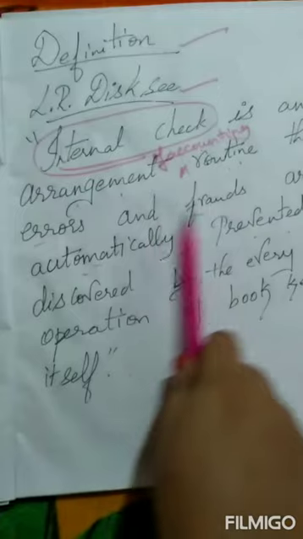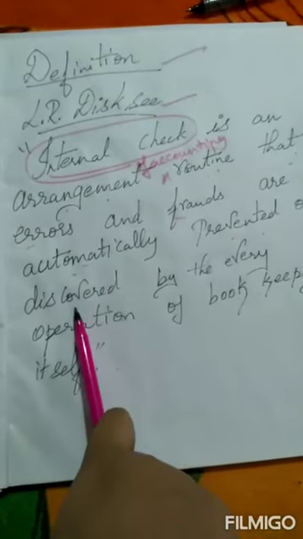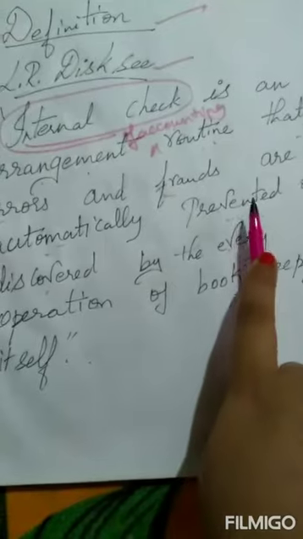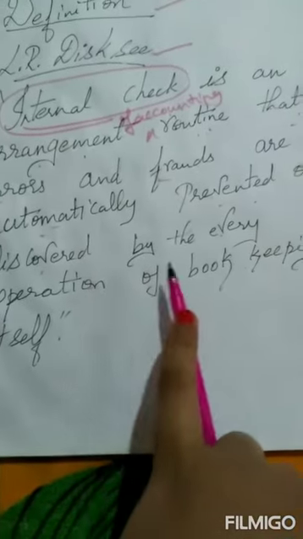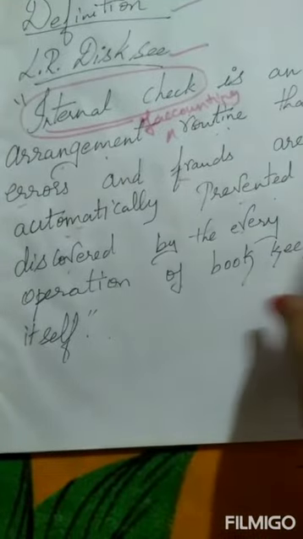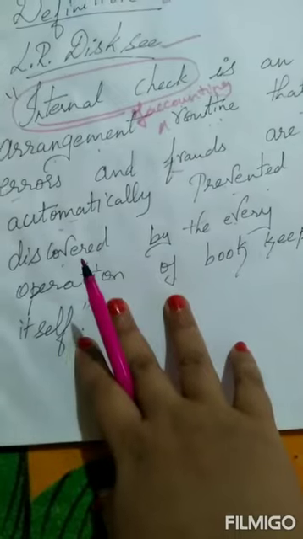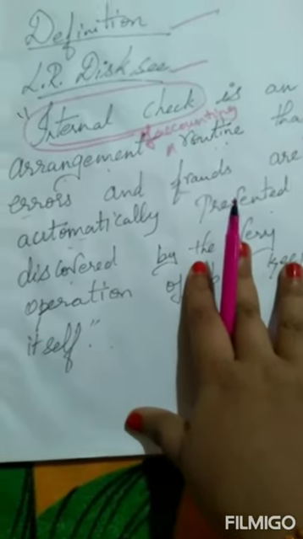Whether any error or fraud is there, it is automatically prevented and discovered by this operation. By this operation, they are able to find it and prevent it. The operation of bookkeeping itself, they will do it by themselves. Okay, this is the definition.